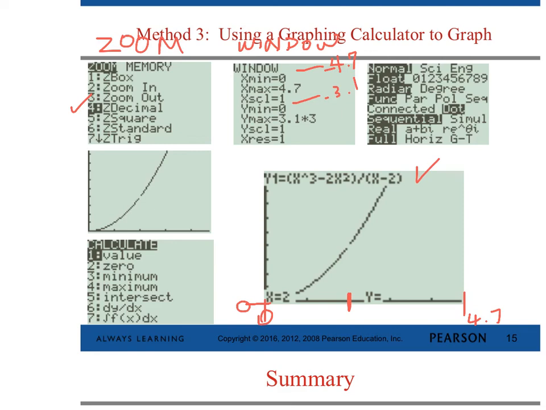And since the value at x equals 3 is at about 9, I'm going to have you scale your y-axis by 3. So you're going to just arrow out to the end of 3.1 and put times 3. And when you hit your enter key, it's actually going to say 9.3.